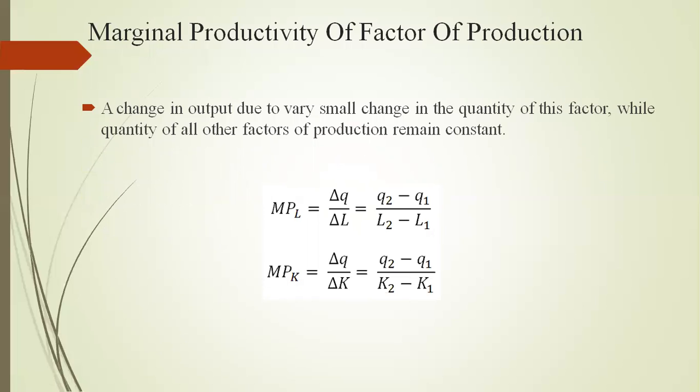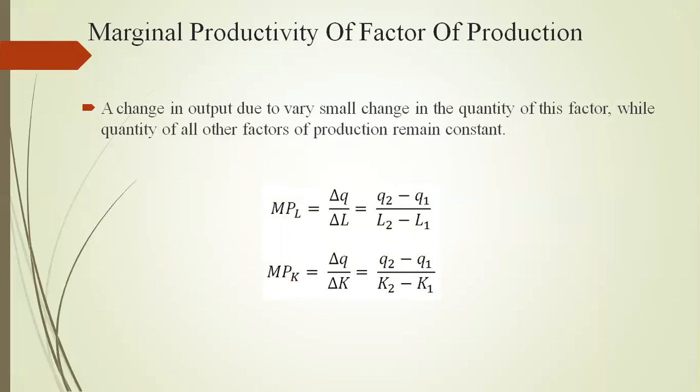So it is the change in output due to a very small change in the quantity of a factor, while we are keeping other factors of production constant. Okay, so let's say in the first equation which you are seeing, marginal productivity of labor we are calculating, and we are keeping capital as a constant factor. We are not making any change in capital.